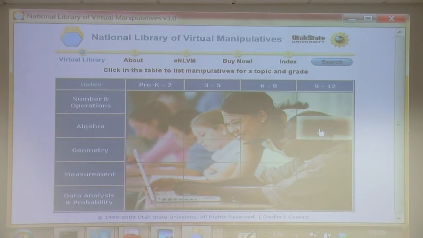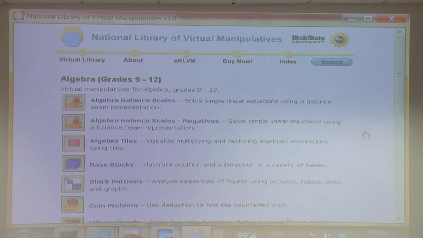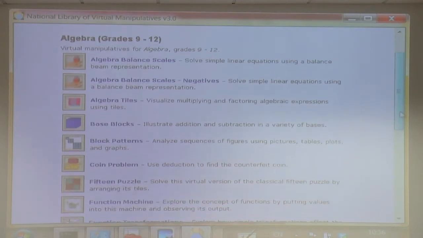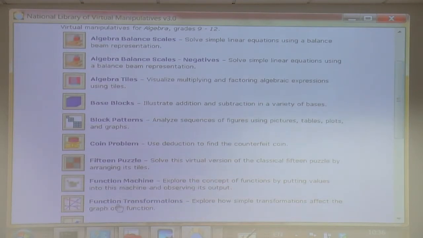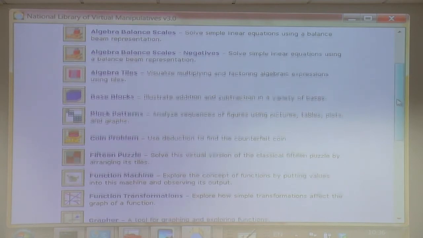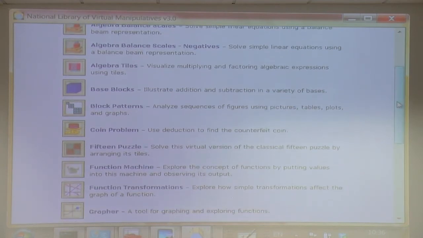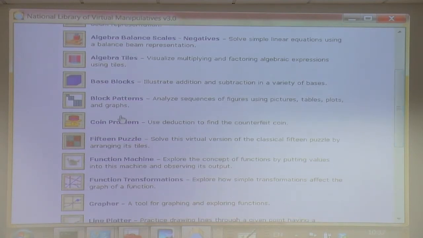Some of these are a little bit hard now. Not alone does it do the functions machine in the algebra section, it does transformation, coin problem, block pattern, base numbers, algebra tiles, algebra balance. It also does all the probability stuff like spinning coins, tossing coins, spinners, dice, the whole lot. It does a rake of stuff. So here is the functions machine one.